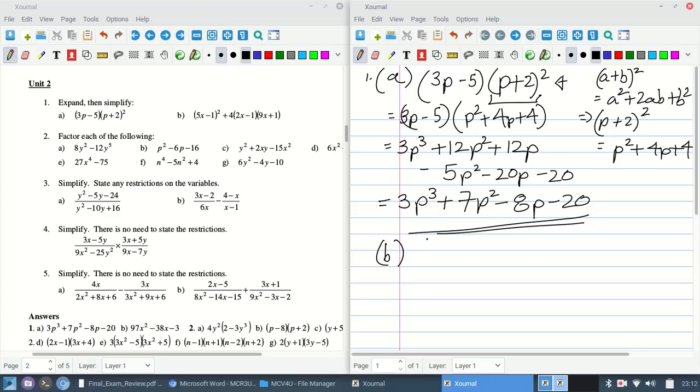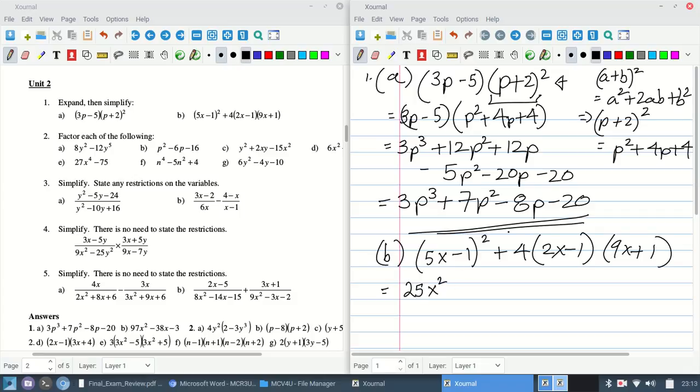So part B is the square of 5x minus 1 plus 4 times 2x minus 1 times 9x plus 1. Again, I'm going to use my little rules, right? So if I use this rule and just apply a to be 5x and b to be negative 1, then I can go ahead with it. So the square of 5x is 25x squared.